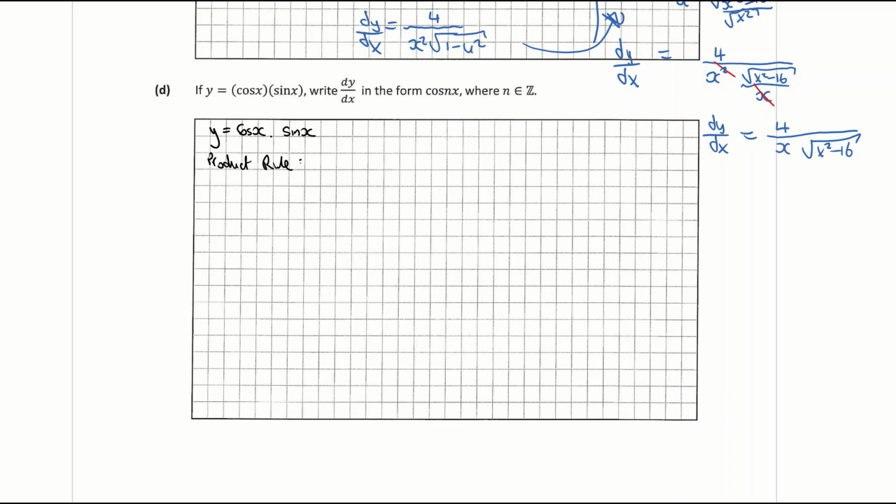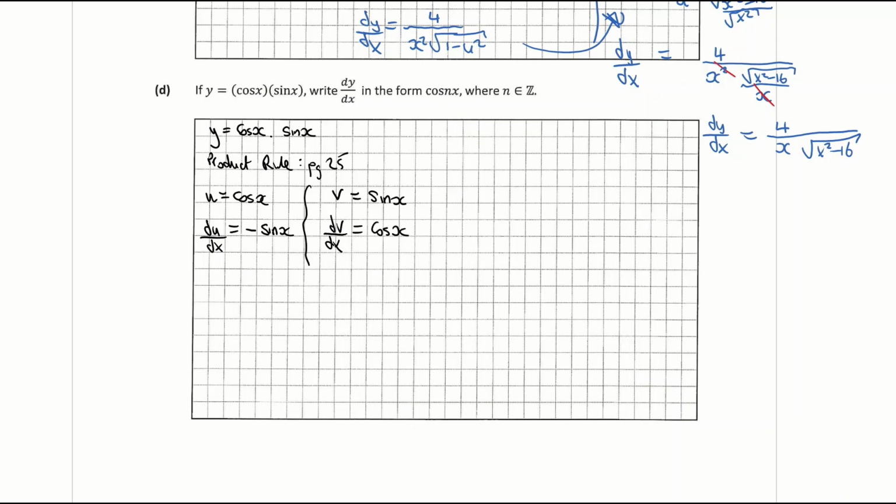From my log tables on page 25, I would have u as cos x, and when I differentiate it, I have du/dx. Again, from the log tables, cos x becomes minus sin x. Then I'm going to break out my v. My v is sin x, and dv/dx is going to give me cos x.